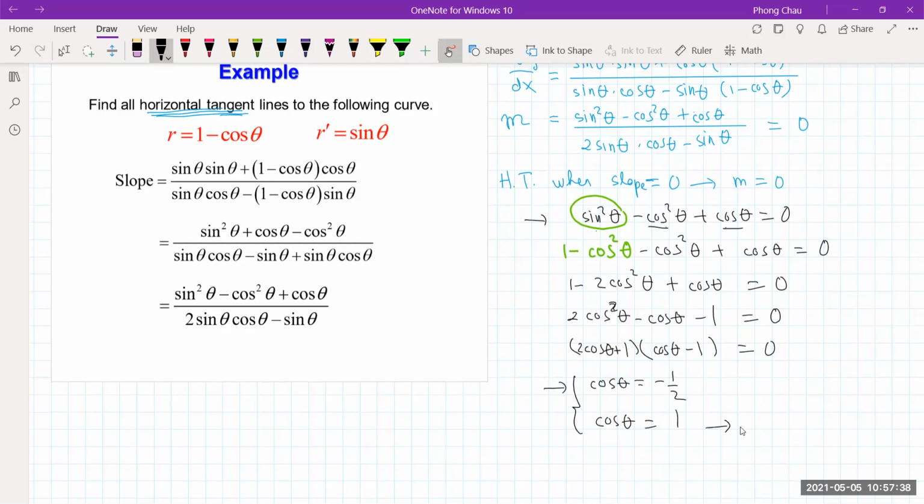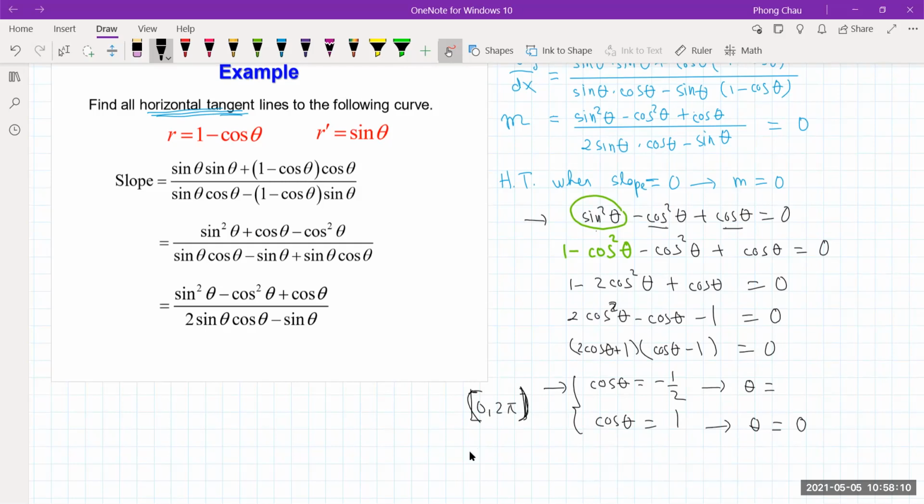And then from here, you have to recall: cosine of what is 1? Cosine of 0 is 1. Normally, we only consider from 0 to 2 pi, only one cycle, although we can go further. Then for the theta here, cosine of what is positive 1/2 first?